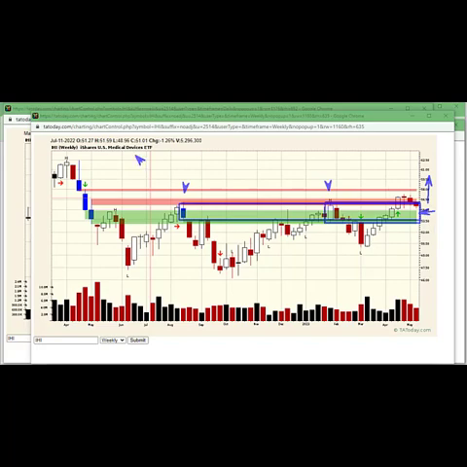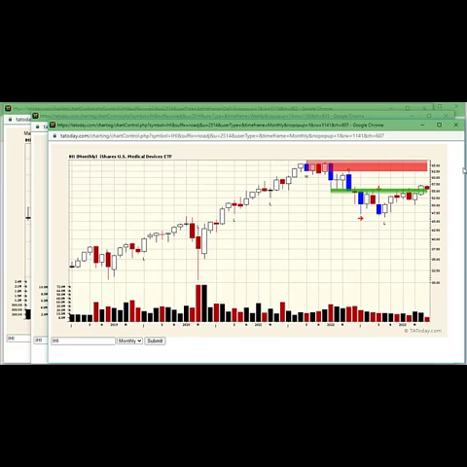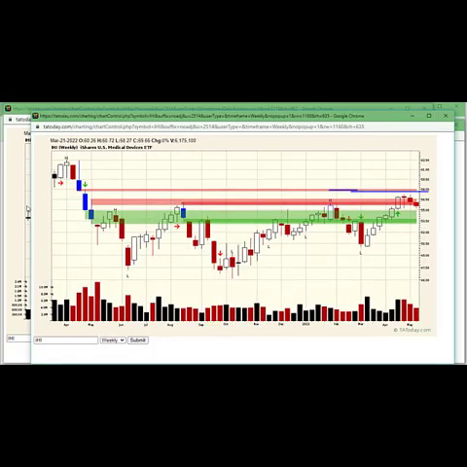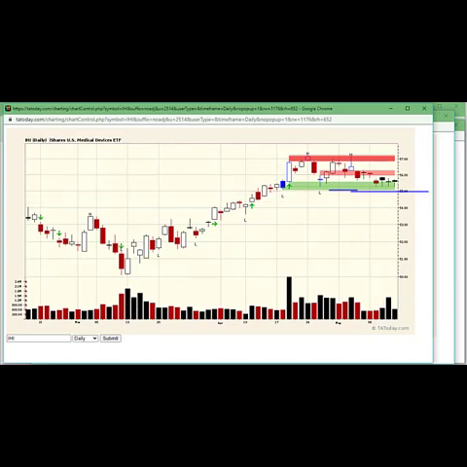I like the way this one's set up of all the ones I've looked at. And if I pop over to the monthly chart, you can see here as well, all of your stiff resistance was in this area, all the way back to here. And so you should have really good support in this area. You don't have to risk a lot. That's what you're looking for in a good trade. I like that setup. That's a good one.